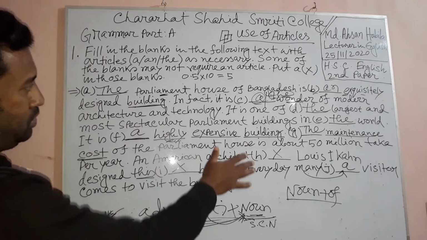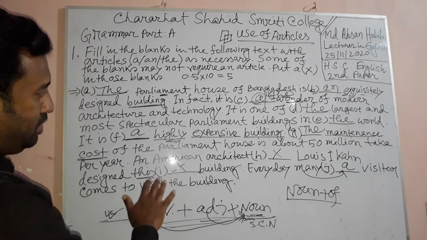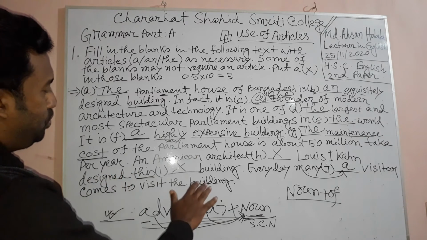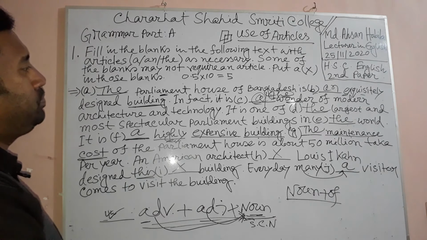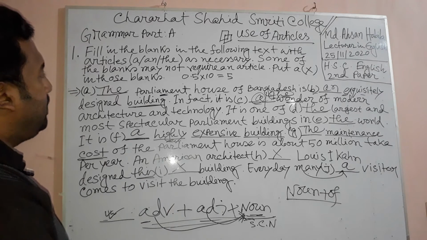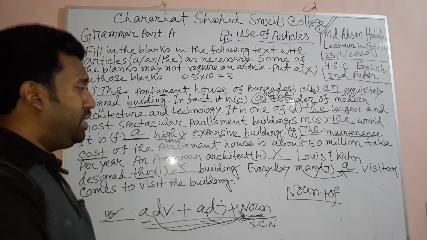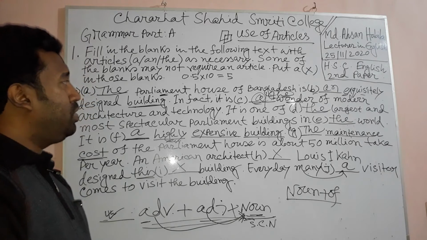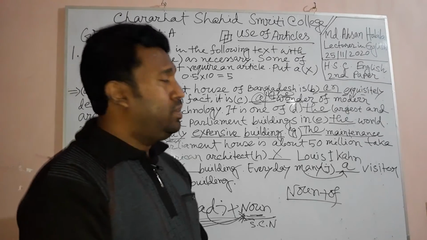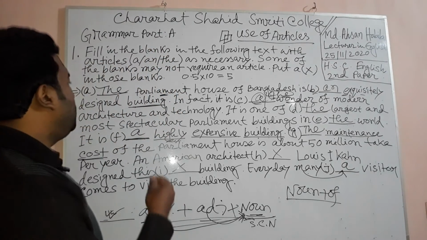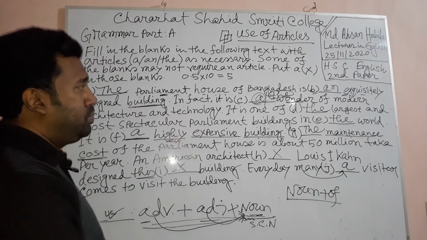So I have discussed what articles we have to put in this way. Before writing this kind of text, when you get a question paper in your hand, you have to read the text properly, to decide whether you have to put a or an or the or cross.